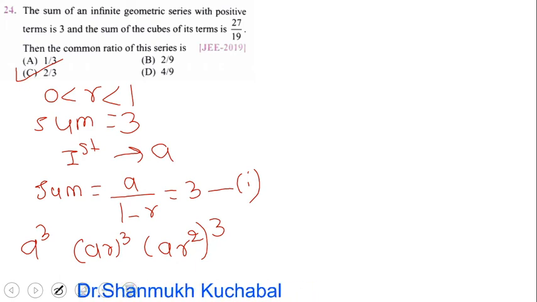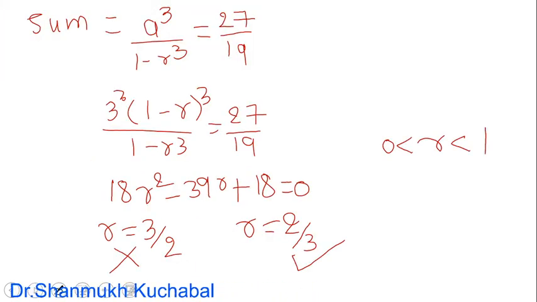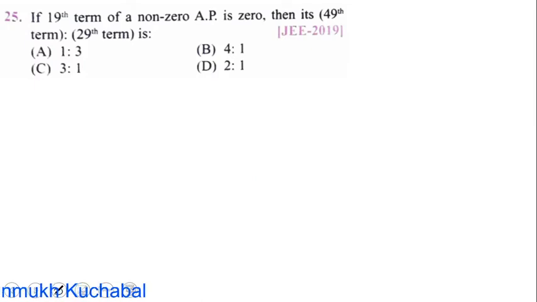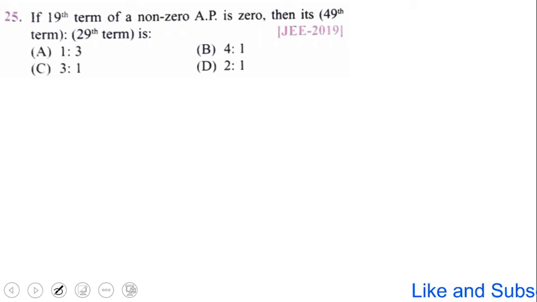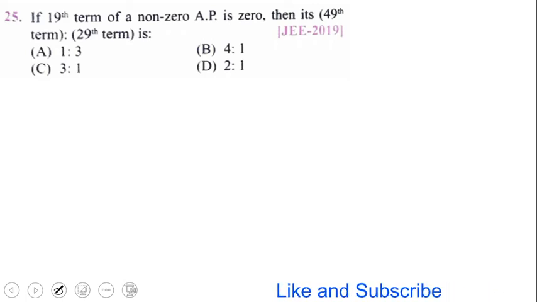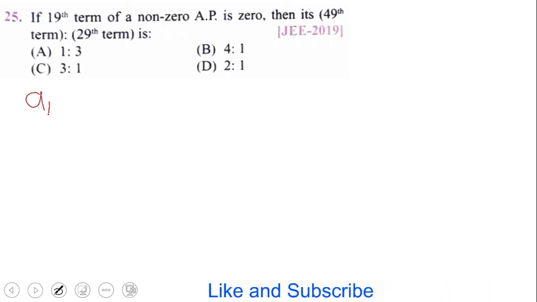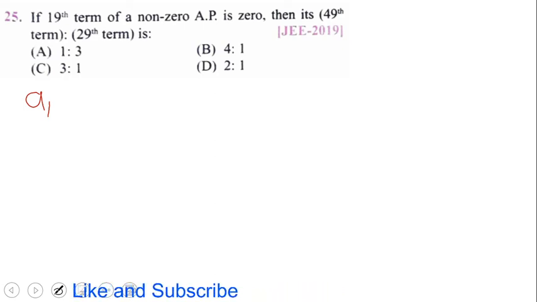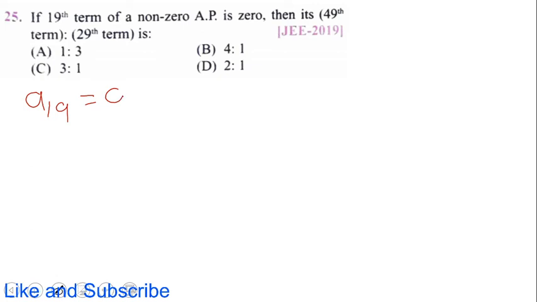Okay, so this is the first page solution, this is our second page solution. Okay, so we'll move to the last example. So the given information is, if the 19th term of a non-zero AP is 0, so 19th term, in an AP an equals a plus n minus 1 times d, a19 equals a plus 18d here.